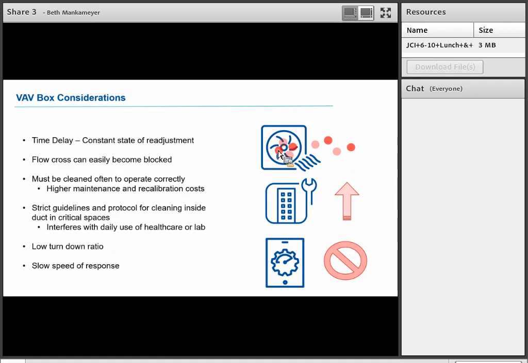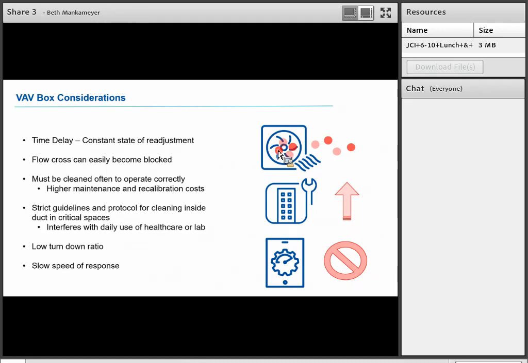The other consideration is that the flow cross can become blocked. So depending on where this is or how good the filtration is in the duct, or if there are filters between the zone and a return valve, let's say, you could have a potentially dirty condition where that flow cross can easily become blocked.